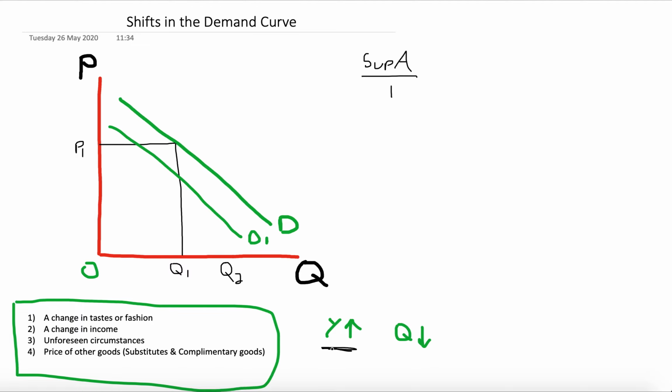Our income goes up. We're not going to buy two boxes, because we only eat the same amount of cornflakes every week. But we're going to move away from this cheaper brand and start buying the actual brand. Instead of buying the generic brand, we're just going to buy a better quality good.